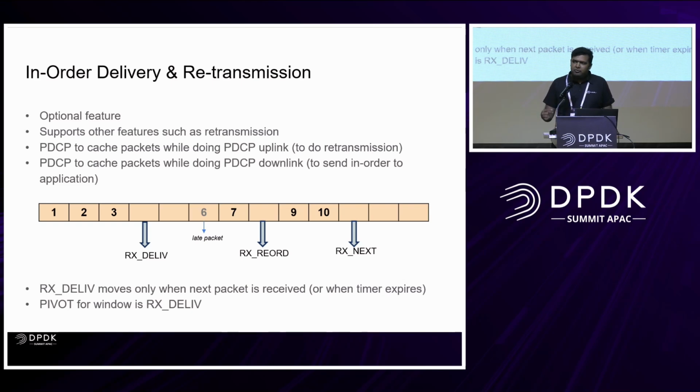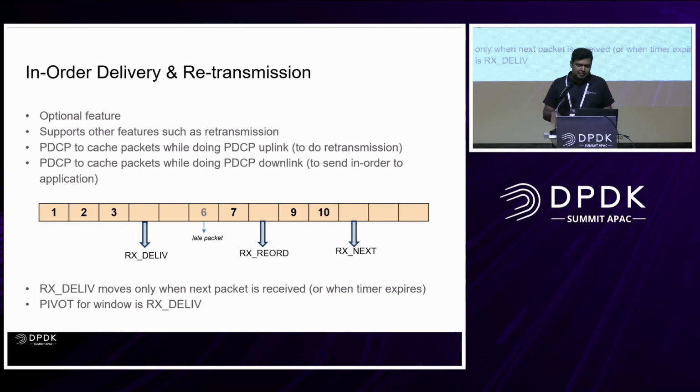But if in-order delivery is enabled, then let's say packet numbers 1, 2, and 3, as they are received at the receiving side, will be pushed to the application. But let's suppose we are getting packet number 7 as the next packet.